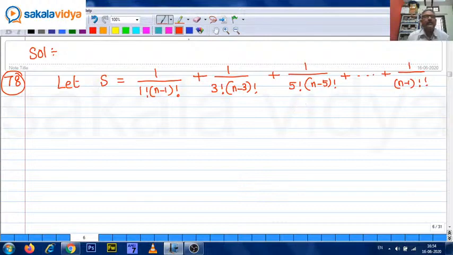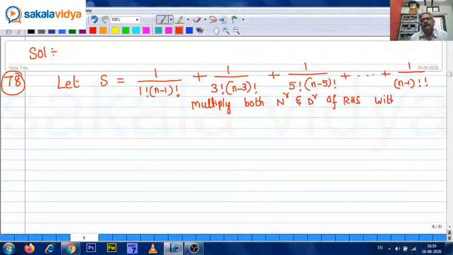Here, first multiply both numerator and denominator of the right hand side with n factorial.